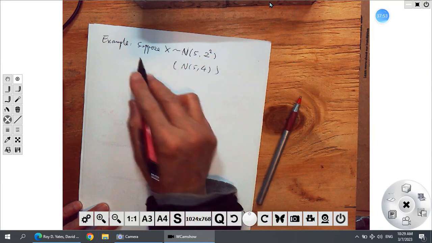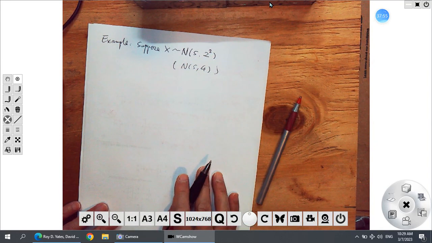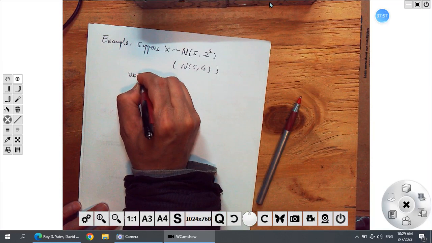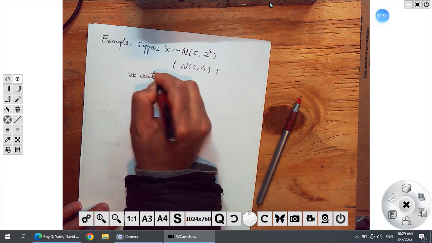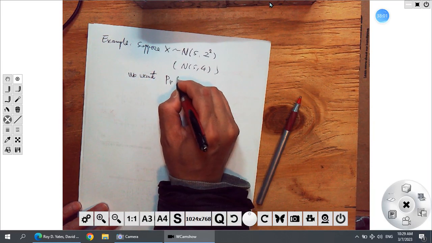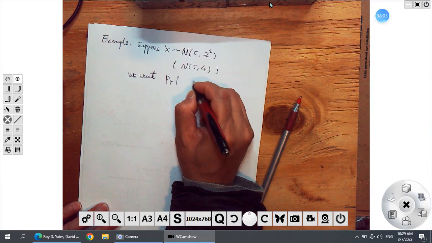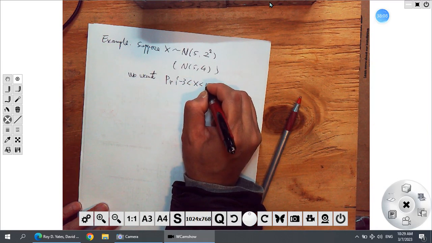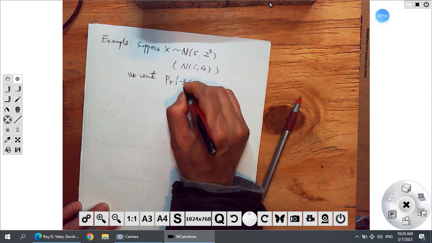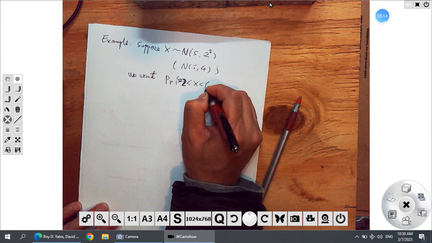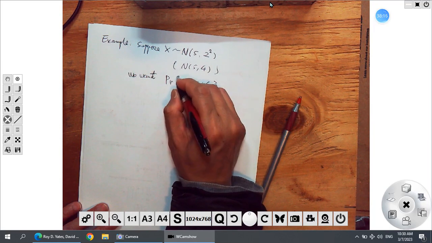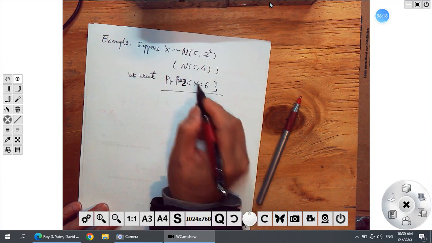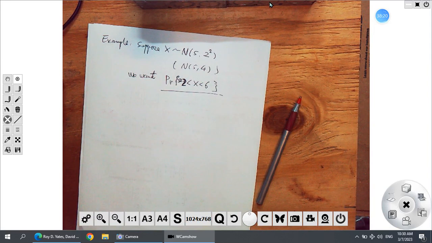Suppose X obeys this. We want the probability of X between 2 and 6. We want this probability, X between 2 and 6.